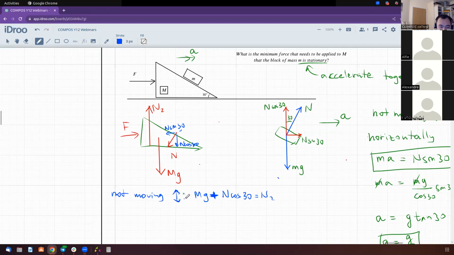We won't be using it. And then horizontally, we have mass times acceleration is equal to the force pushing along this, so that's F, minus the force pushing left, and the force pushing left is N sine 30.